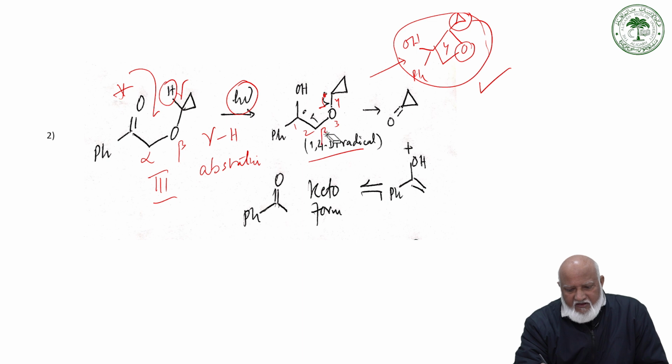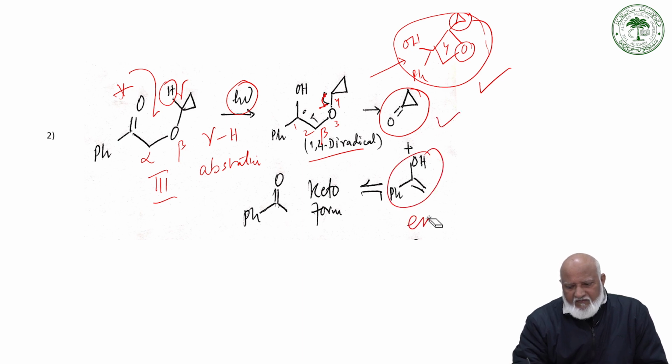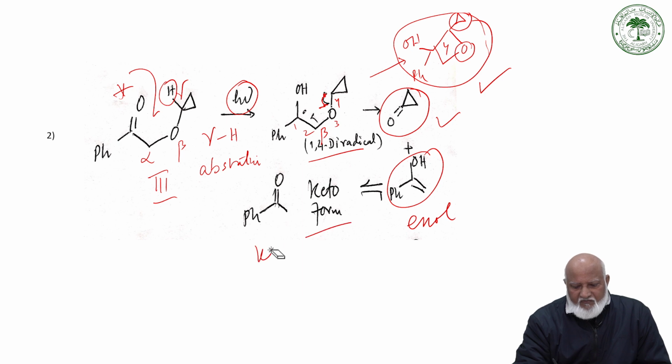This is the beta bond. This forms a C double bond or cyclopropanone as one of the products, and of course this is the enol form, which will tautomerize to give the keto form.